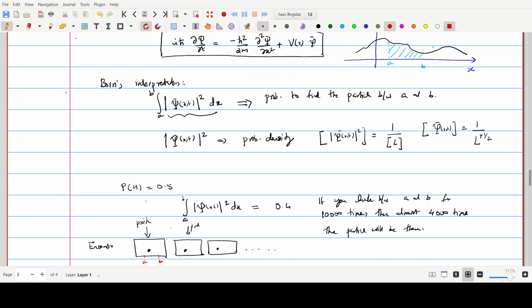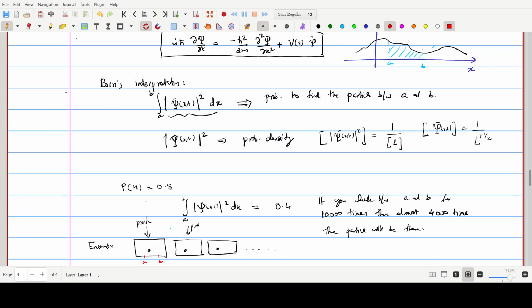For the first copy you got between A and B. The second copy need not be between A and B. It can be beyond B or before A. That is possible. So the result of each experiment cannot be predicted in advance.